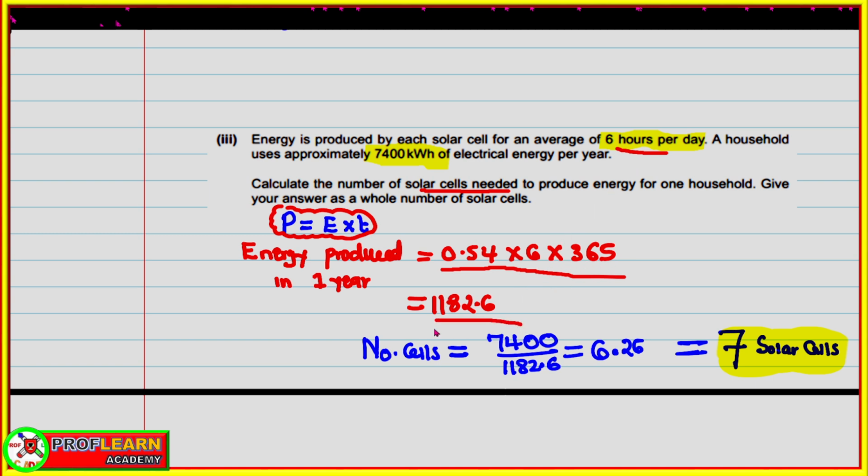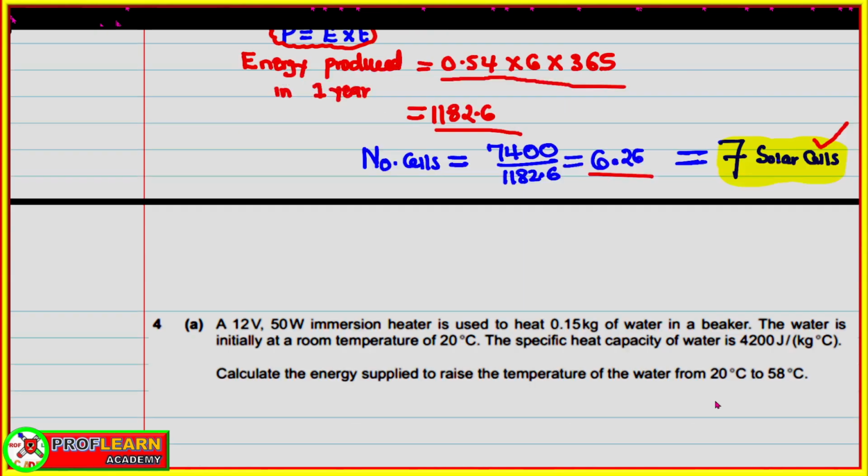So if you work it out here, you get 1182.6. But the number of cells now will be the energy, because remember power is equal to energy over time. So the number of cells will be the energy divided by 1182.6, we get 6.26, but now that translates to 7 cells.